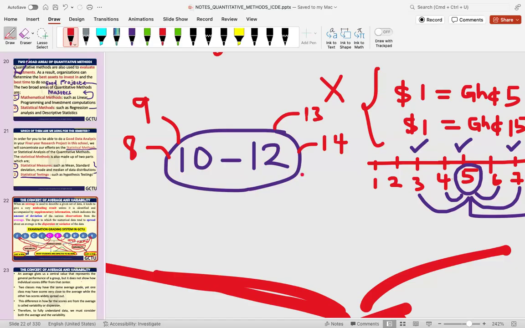But we will again be surprised if this thing moves to, let's say, 20, and then this one will move to $1. We'll be surprised that now you have $1 equals 1 cedi. This will be a big surprise for us. Or you have $1 moving from 12 cedis to 20 cedis.